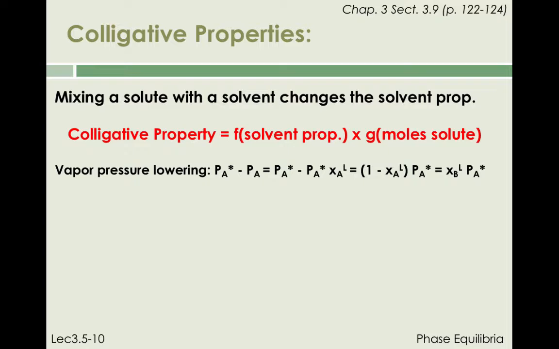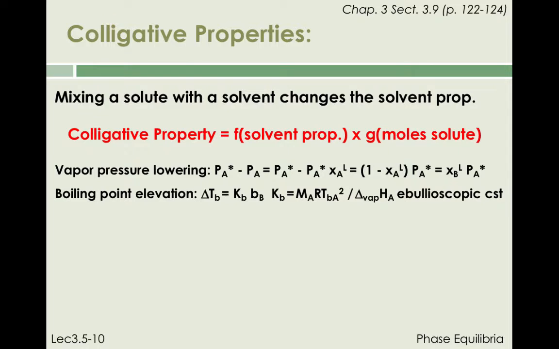So we conclude that the partial vapor pressure of the solvent above the solution is depressed below the vapor pressure of the pure solvent by an amount that is proportional to the amount of solute in solution.